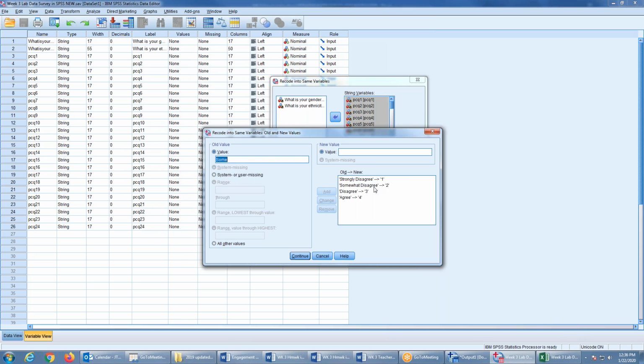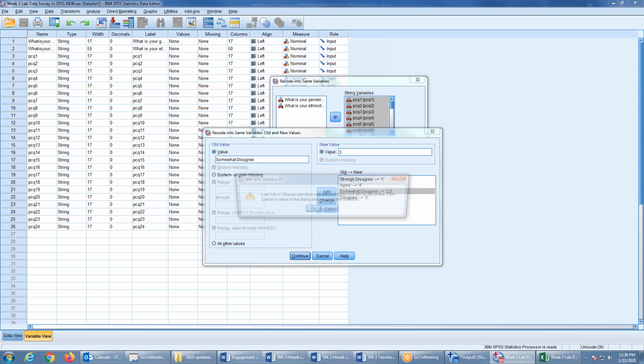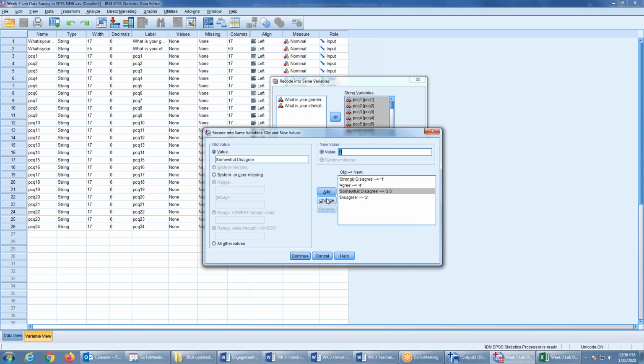So back to this. All right. I have to make this a different value because it won't let me. Now I can change it back. Okay.